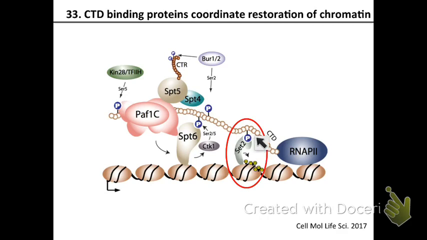What SET2 does is it interacts with the phosphorylated CTD of the elongating RNA polymerase II and travels with it. It contains a methyltransferase domain that methylates the histones in the nucleosomes that are behind the RNA polymerase. And that methylation is required for suppressing that internal transcription initiation.